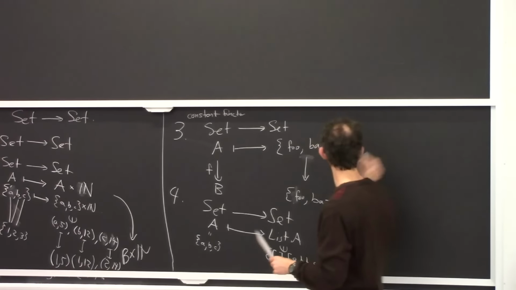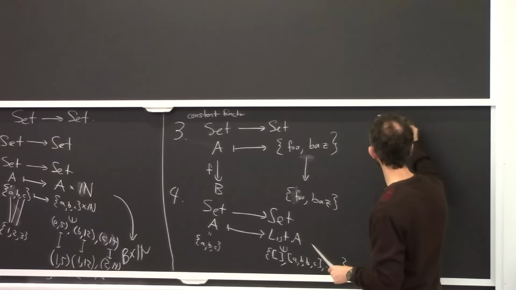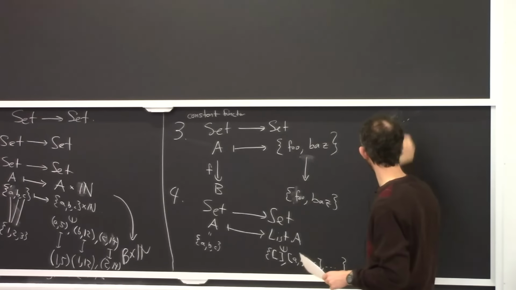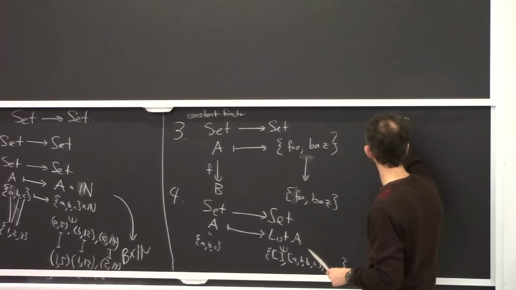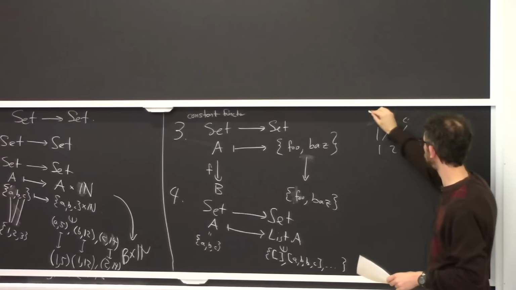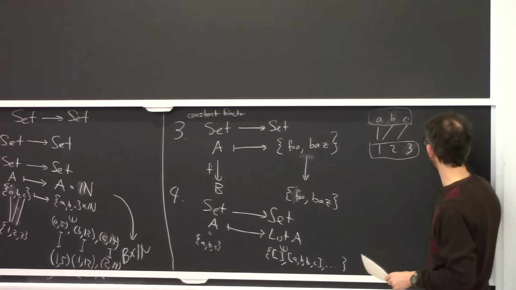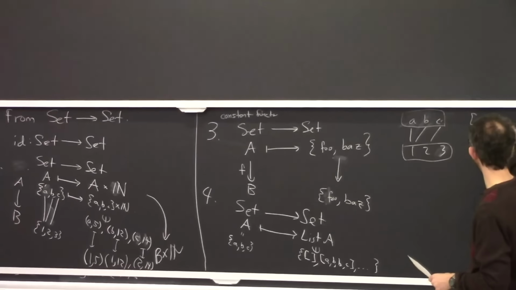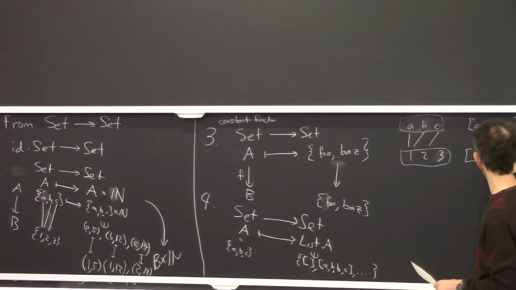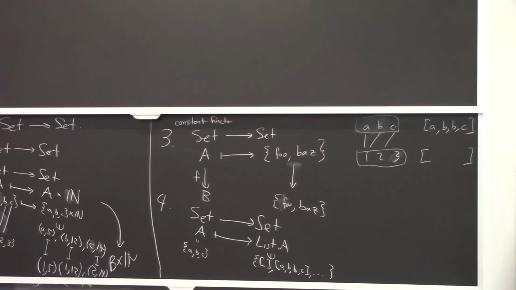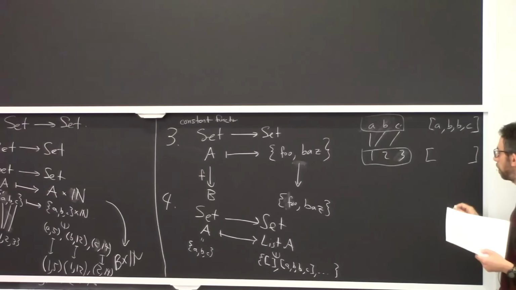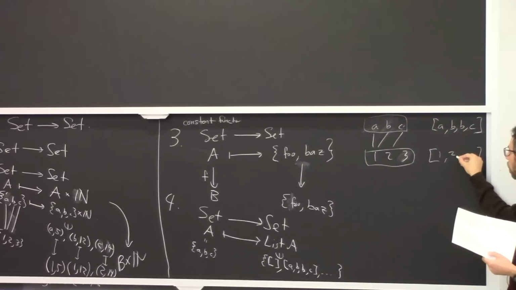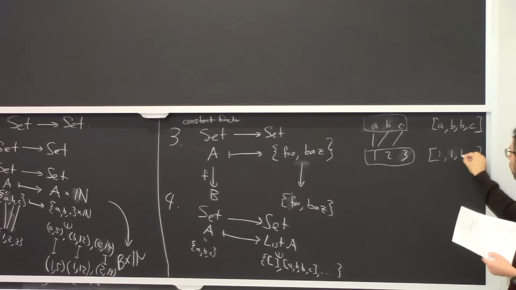And if I had a function from {a, b, c} to {1, 2, 3}, like the one before, then it sends a list of A's, like a, b, b, c, to a list of 1, 2, 3s. And that list will be the same length, and it'll be 1, 2, 2, 1.